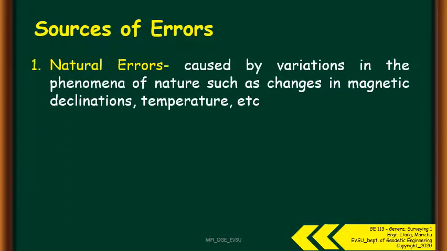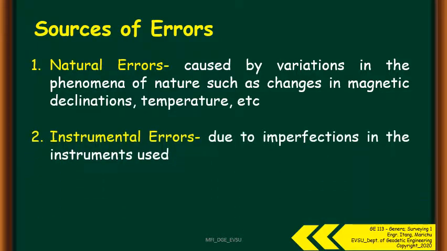Saan ba nanggaling si error, or what are the sources of our errors? So, we have the natural, the instrumental, and the personal errors. Ito yung sources. Number one, we have the natural errors, caused by the variation in the phenomena or caused ng environment na posibleng mag-change yung ating instrument, for example, changes in the magnetic declination, changes in temperature, which affect our measurement.